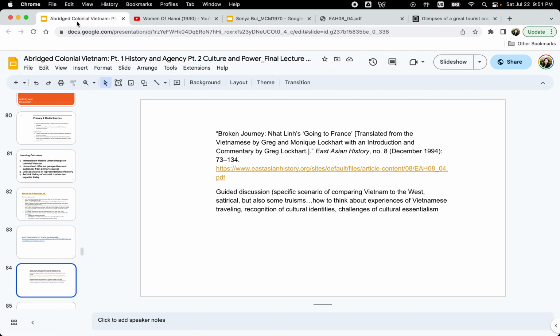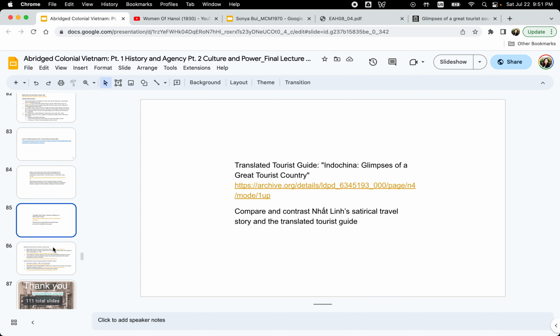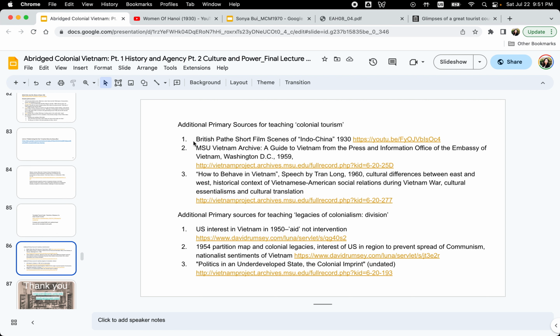So that's just my quick overview of the different sources. I hope you have a lot of fun creating curriculum out of them. There are, of course, many other sources, but these are curated ones that I could suggest if you wanted to do a module on colonial tourism, and if you wanted to bring it up to the 50s and 60s, to questions of cultural essentialism.